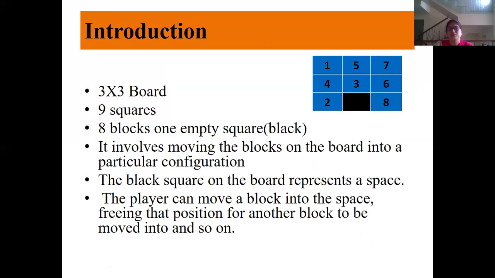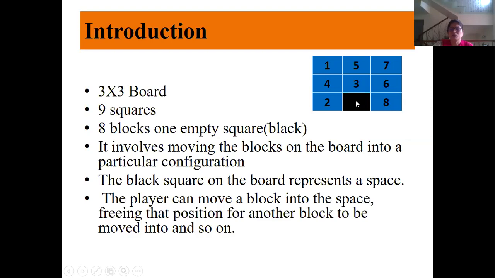It's a 3 by 3 board with 9 squares. 8 blocks are labeled and 1 block is an empty square, which you call the black square. It involves moving the blocks on the board into a particular configuration.